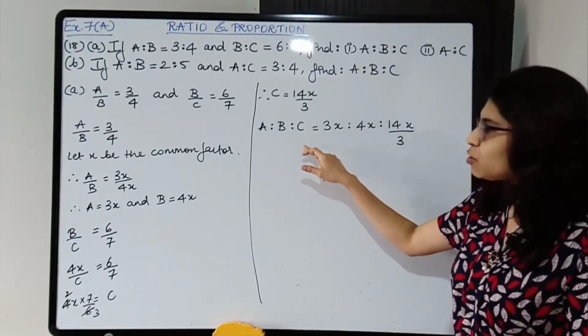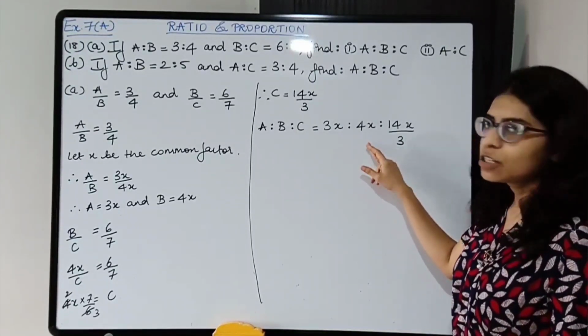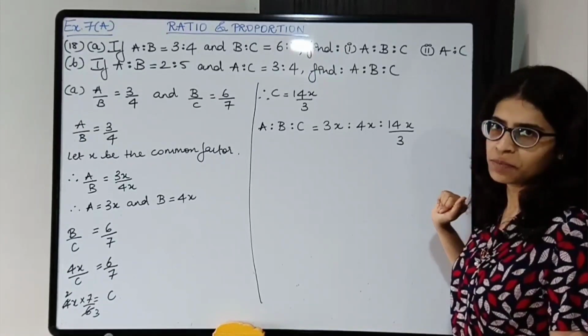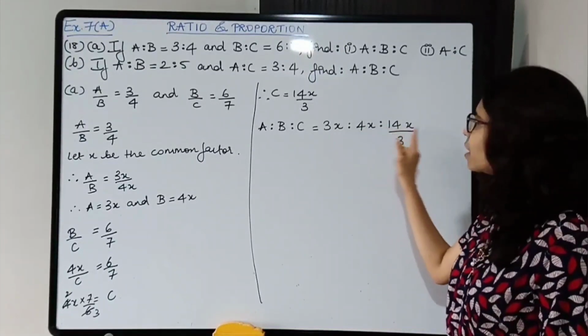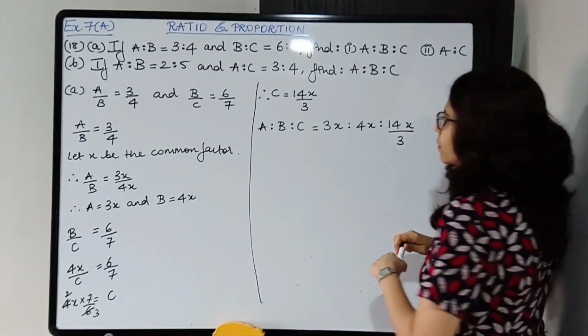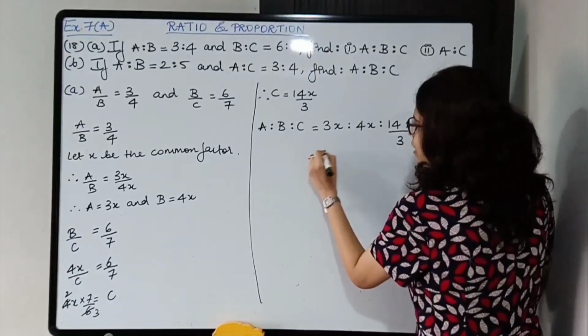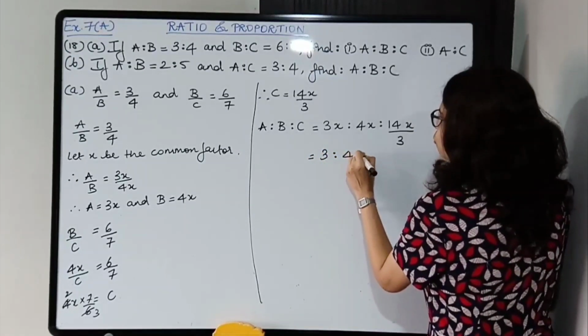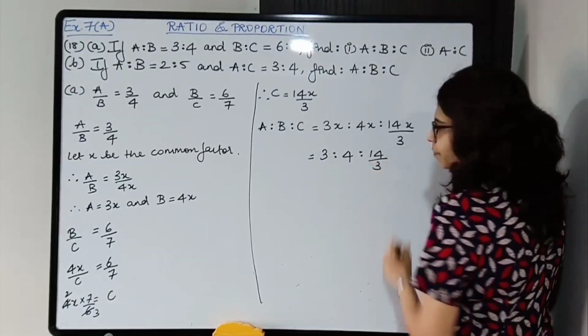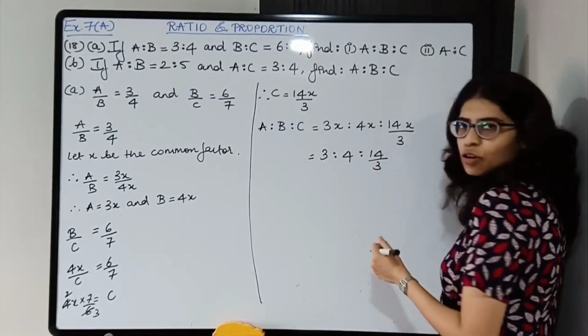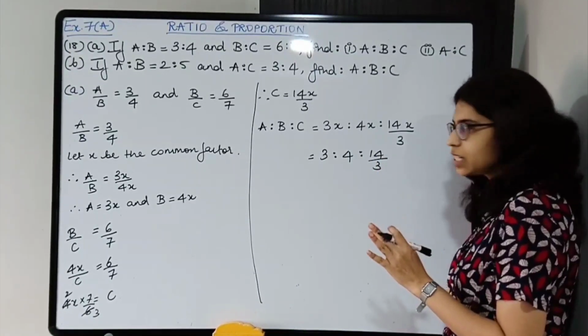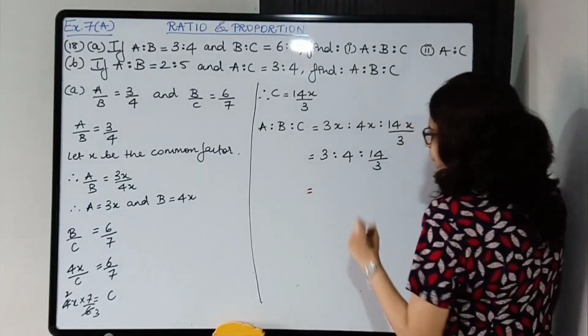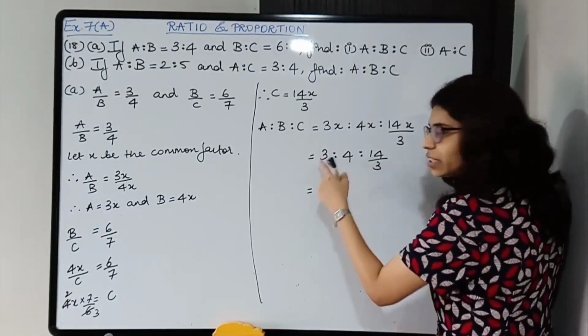So A is to B is to C will be equal to 3X is to 4X is to 14X upon 3. Over here I can remove the X. So removing the X, we are left with 3 is to 4 is to 14 upon 3. We have 3 in denominator, we have to remove it. Okay. So we'll multiply by 3, all 3 by 3.